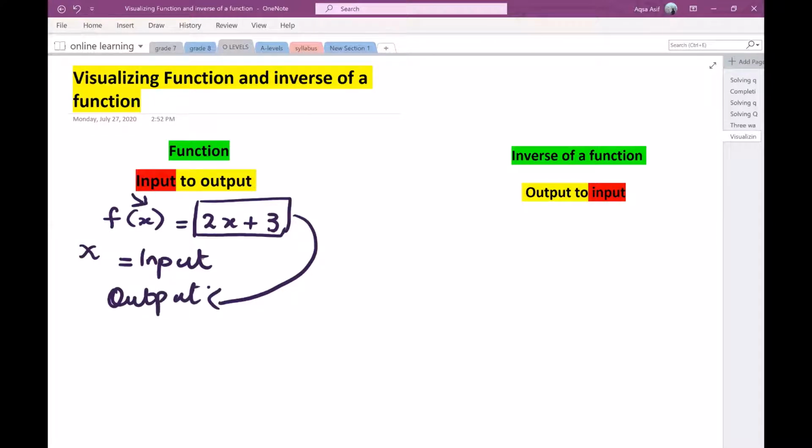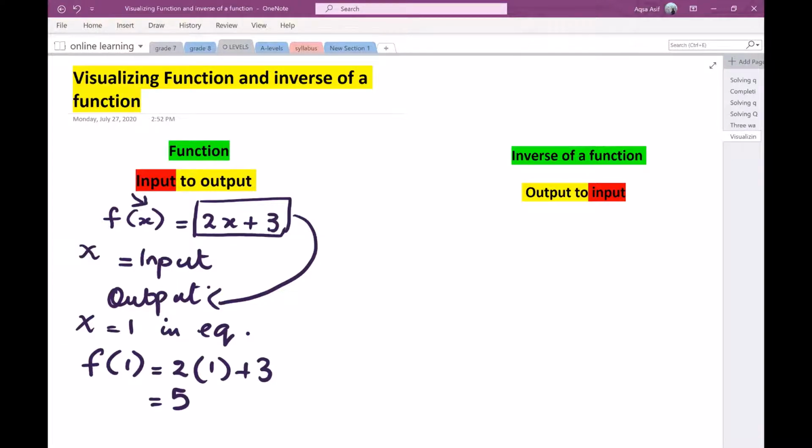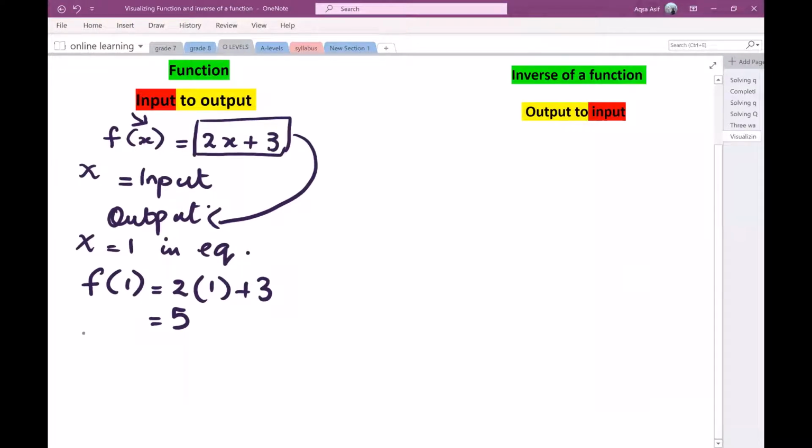For example, if I put x is equal to 1 in this equation, my input is 1. So what is my output? I'll put in the value of x and I'll get a 5. All right. Similarly, if I put x is equal to 2, or if my input is 2, my output will be 7.